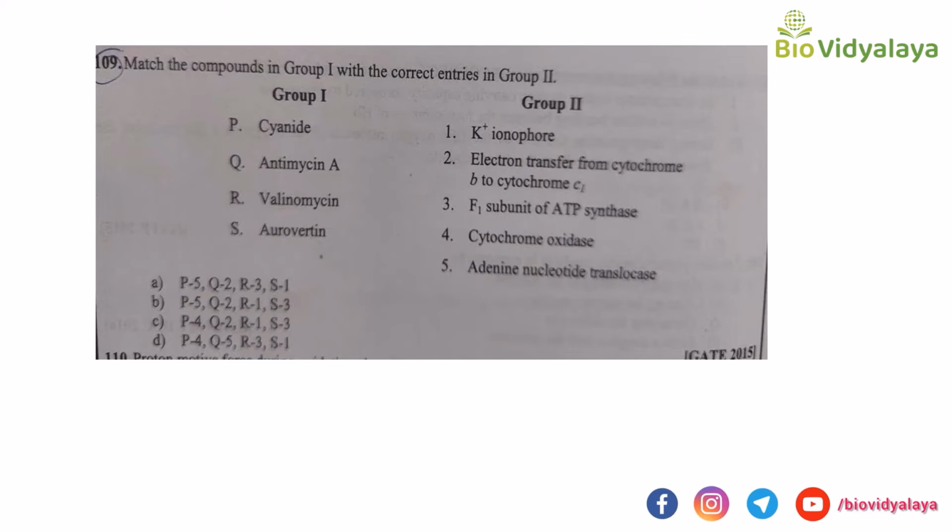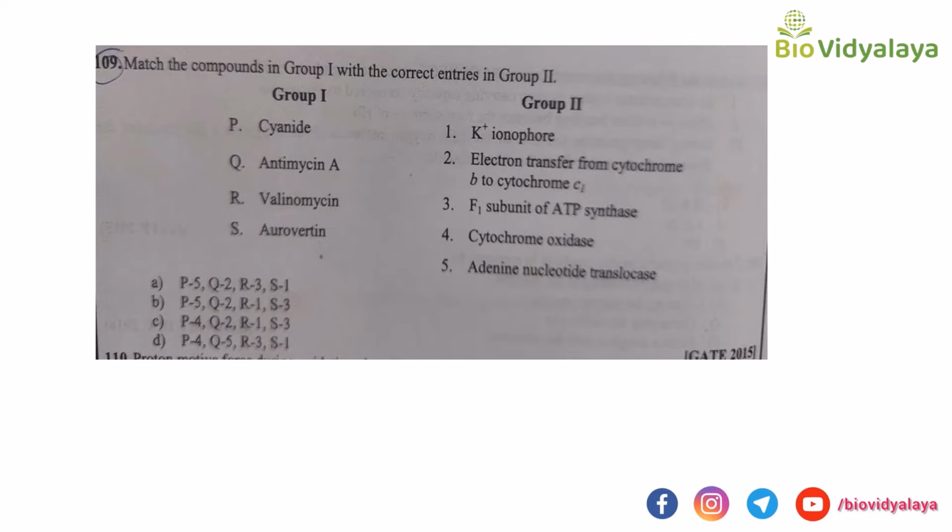Group 2: 1 potassium ionophore, 2 electron transfer from cytochrome B to cytochrome C1, 3 F1 subunit of ATP synthase, 4 cytochrome oxidase, 5 adenine nucleotide translocase.